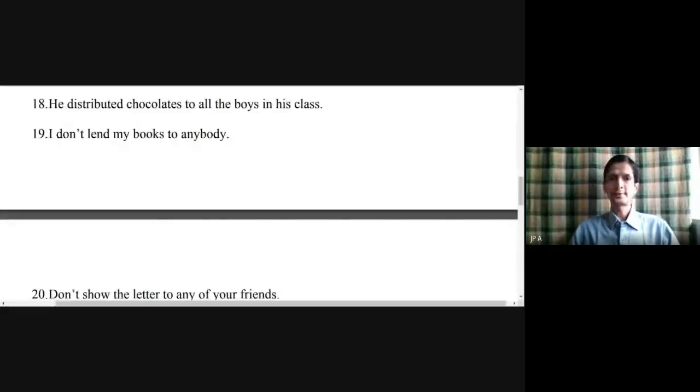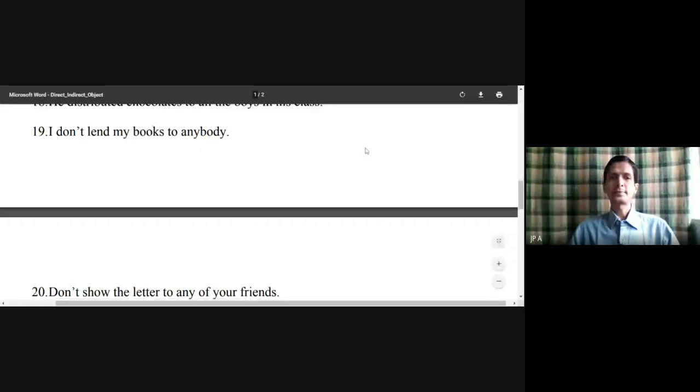My books. For whom or to whom? Anybody. So my books is the direct object, and anybody is the indirect object. Very good. Okay.